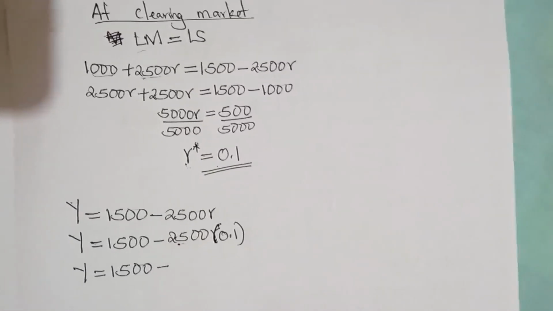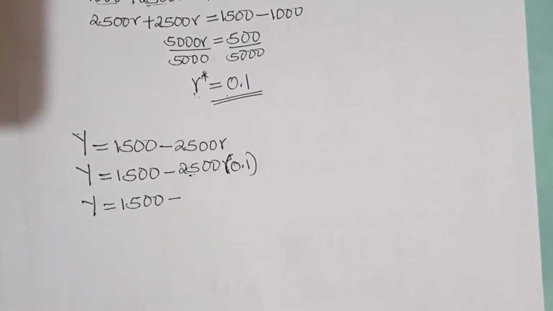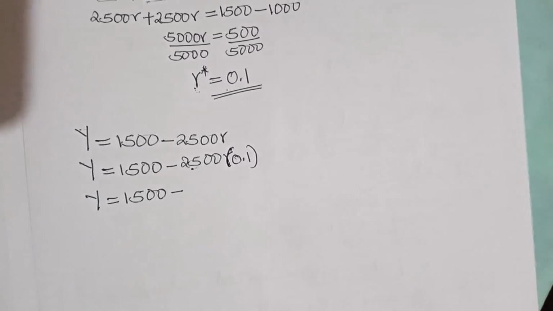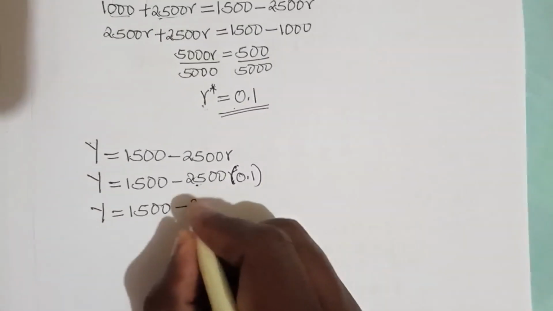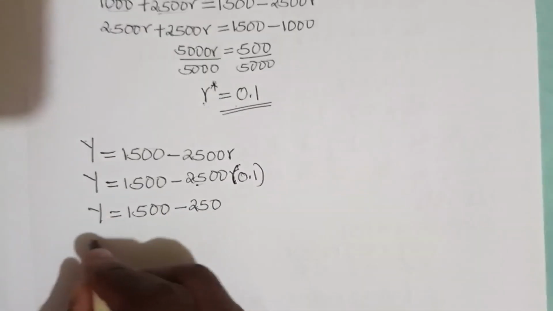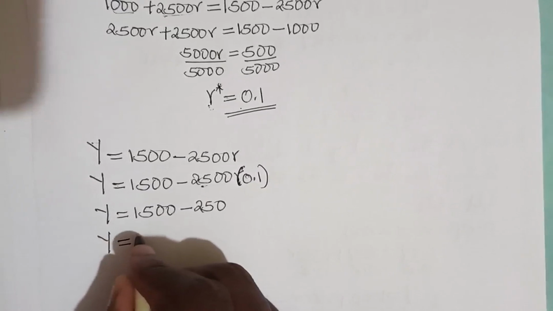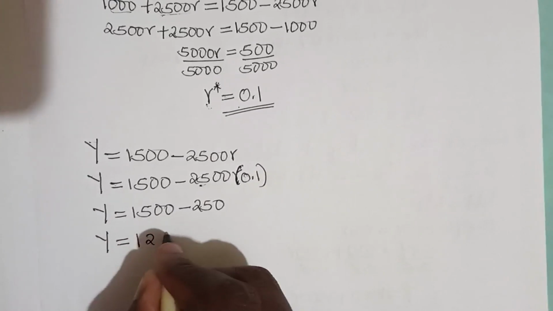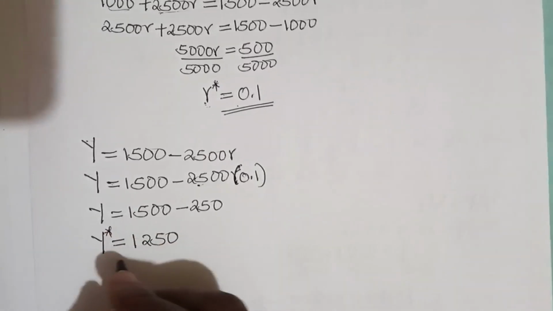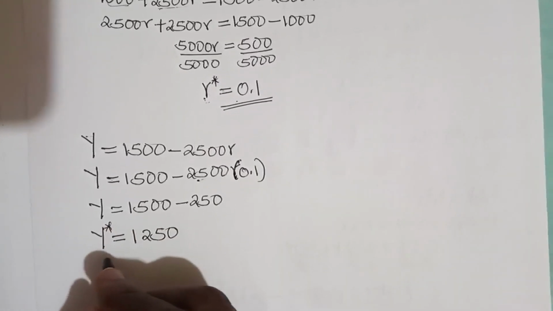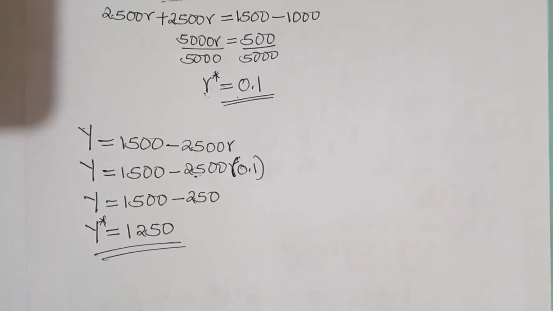Let me do it, guys. That is 2500 times 0.1. You are going to get 250. So the value of Y becomes 1250 units. That is the equilibrium income.